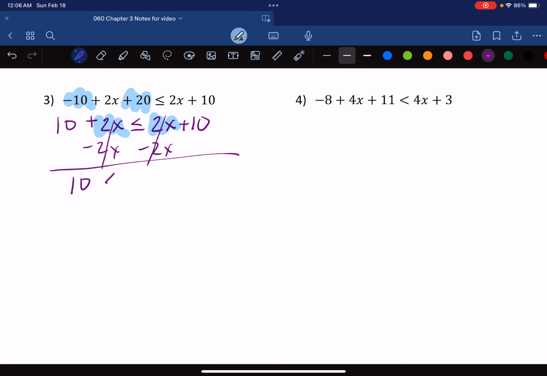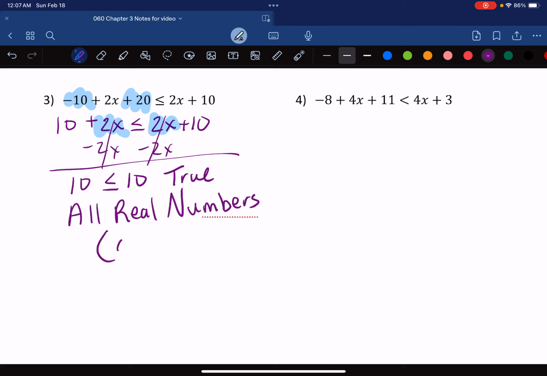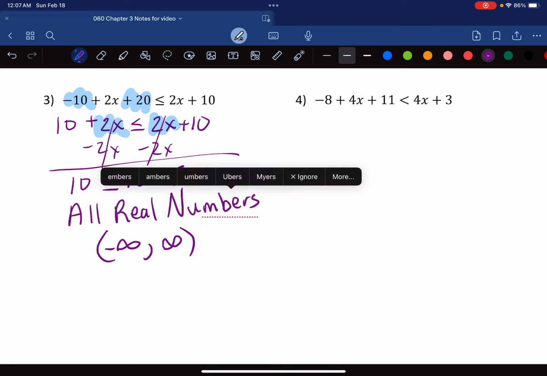Leaves us with 10 is less than or equal to 10. Since that has a less than or equal to, this is a true statement. 10 is less than or equal to 10. This is true. And so our solution set is all real numbers. And we can write our set like this.